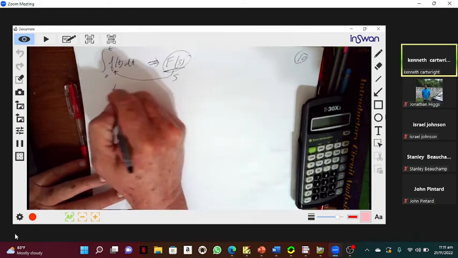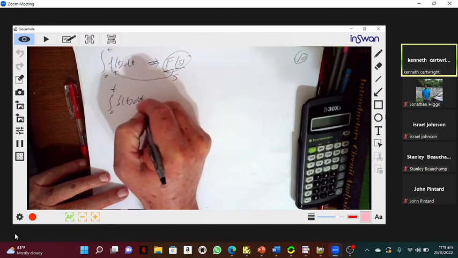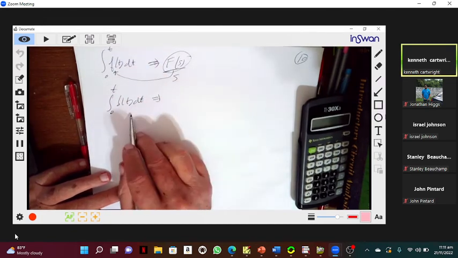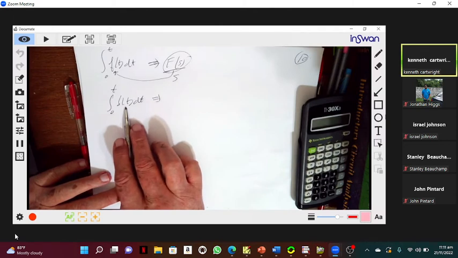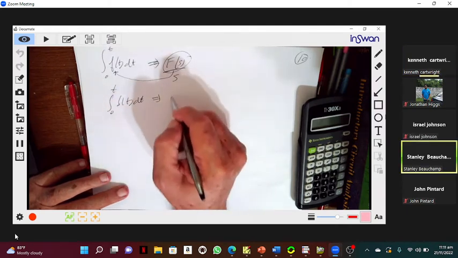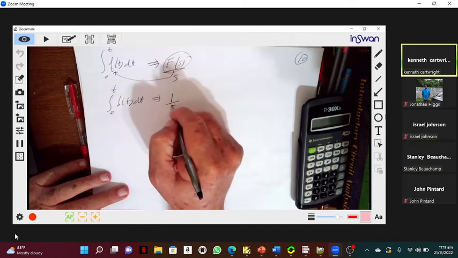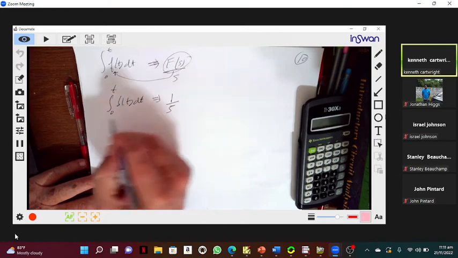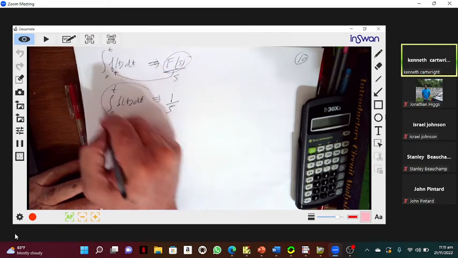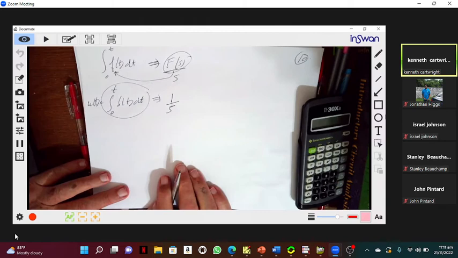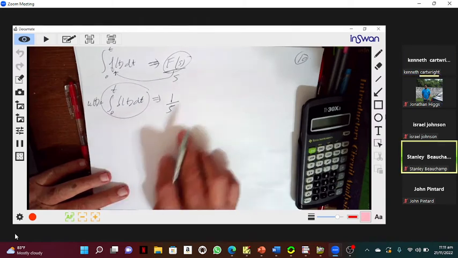For example, what's the Laplace of delta of t? That's 1. When we integrate delta of t, we simply divide by s. And what is this? Isn't this u of t? So you see that checks.